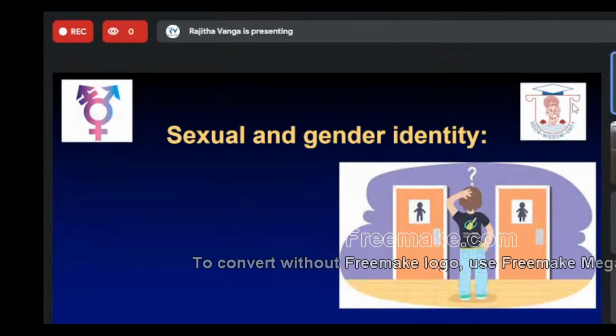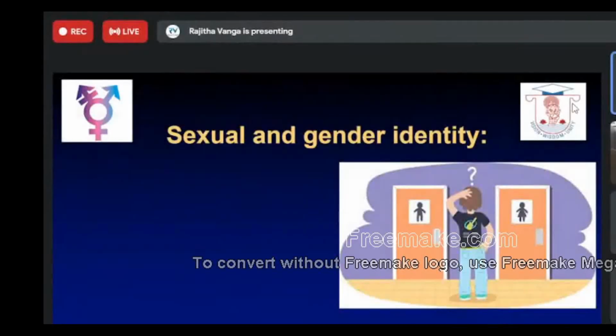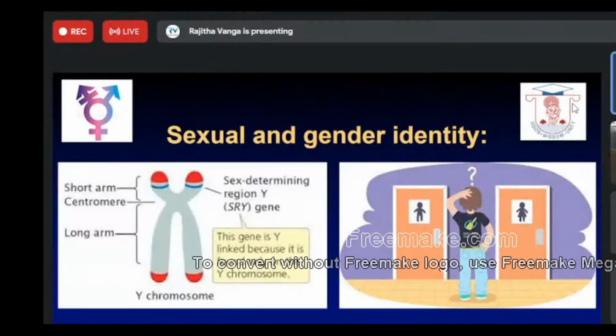Okay, next, moving on to sexual identity and gender identity, which was well explained by Dr. Divya. Sexual identity means that during prenatal life, males have the acrocentric Y chromosome. The SRY gene, which is located on the Y chromosome, is responsible for maleness. With the presence of the SRY gene, the gonads will differentiate into testis and further grow as a male.